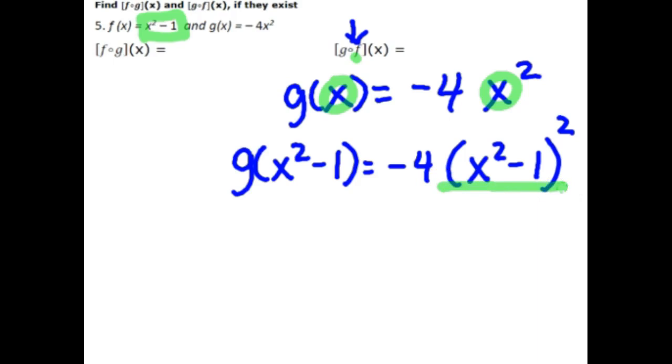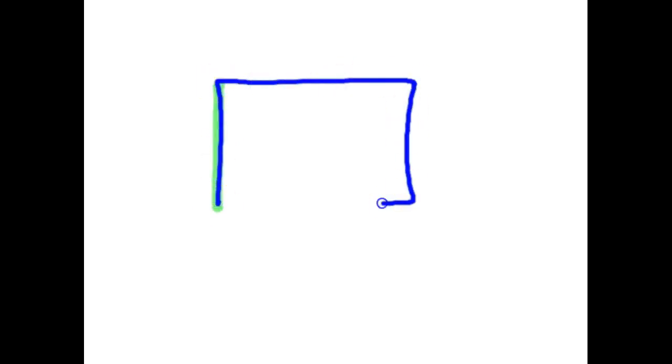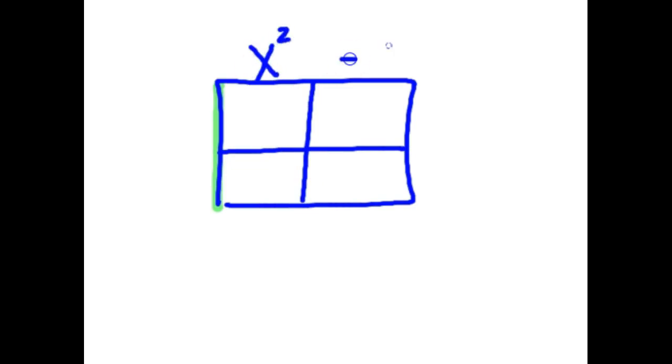How do you square it? You can't just square the first one and square the last one. It means you multiply it by yourself.